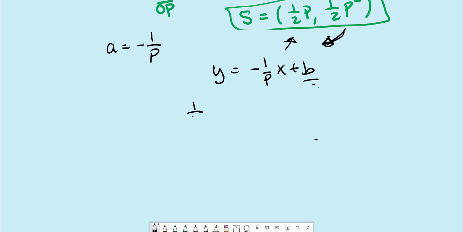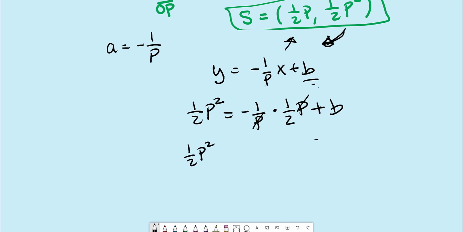For our y, we have half p squared equals negative 1 over p, that's our slope, times the value of x at this point S, which is just half p, plus b. Now this p and this p cancel, and what we get is half p squared. Let's move this over to the other side. Plus half equals b.